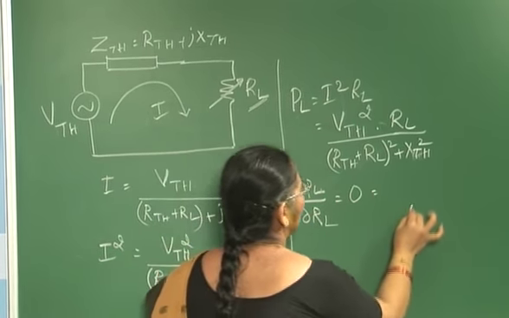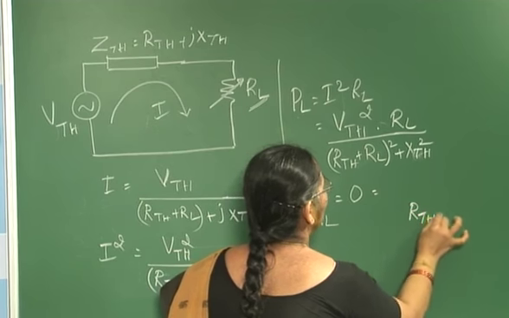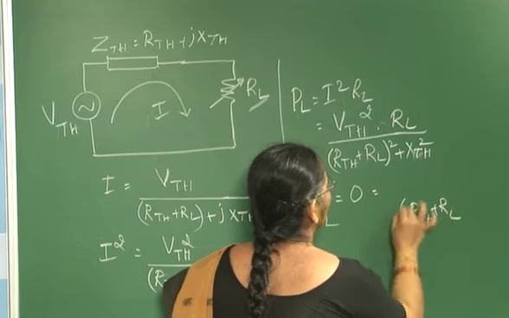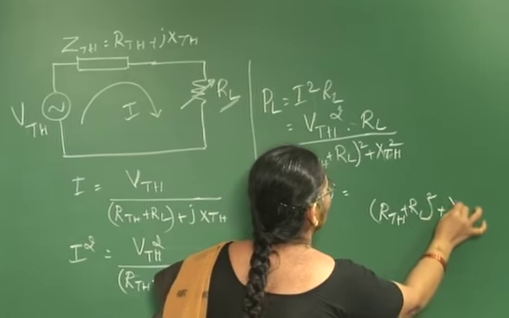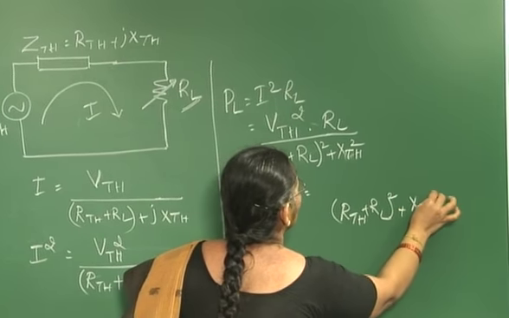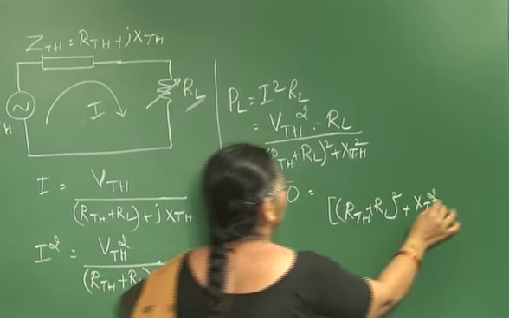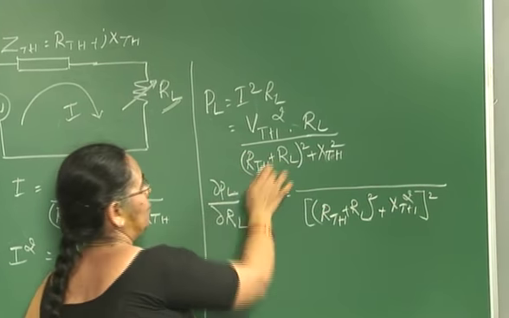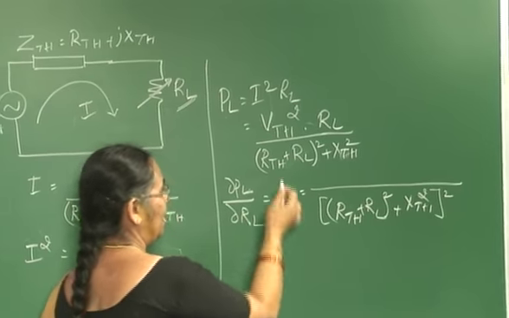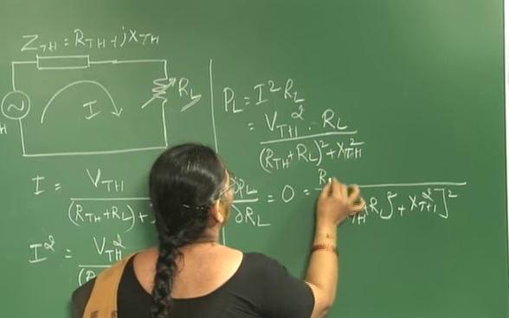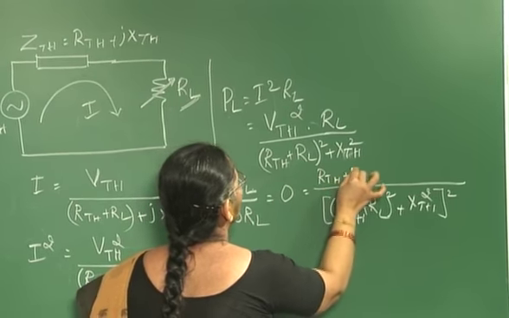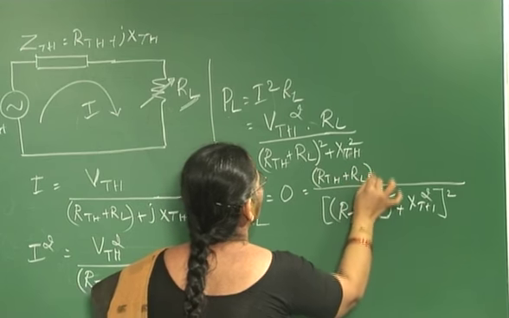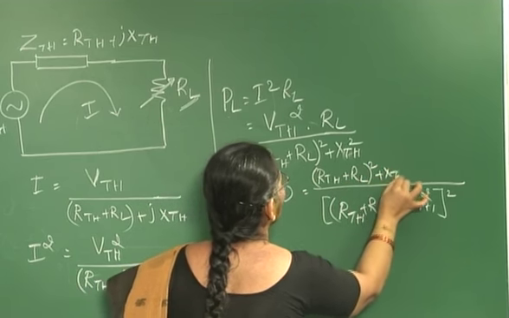So differentiating, you get (R Thevenin plus RL) the whole square plus X Thevenin square, this whole thing squared in the denominator, keeping the numerator as it is.